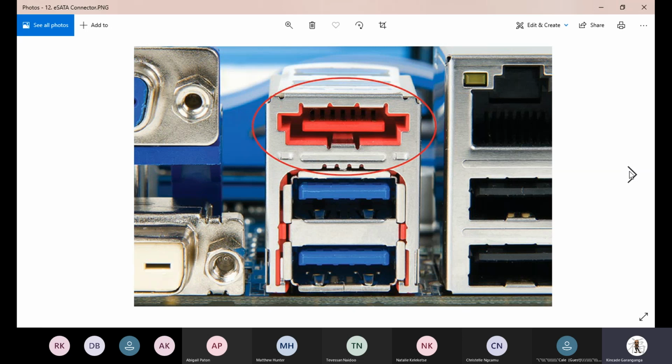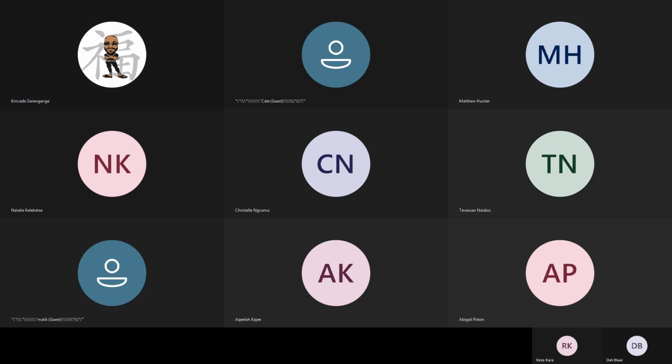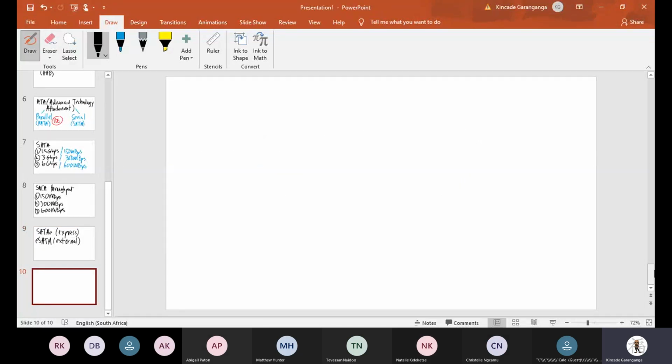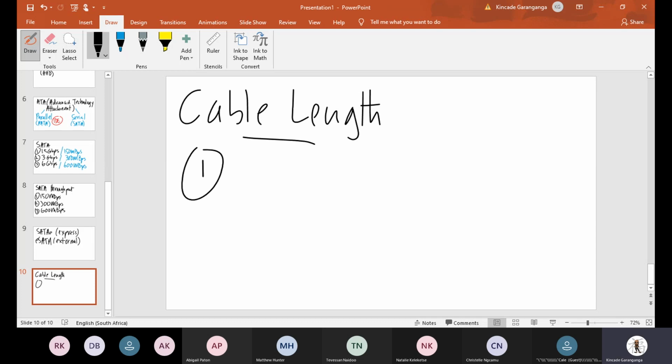So if you look at it from a different point of view, as far as basic cable length is concerned, you've got your parallel advanced technology attachment, 18 inches.